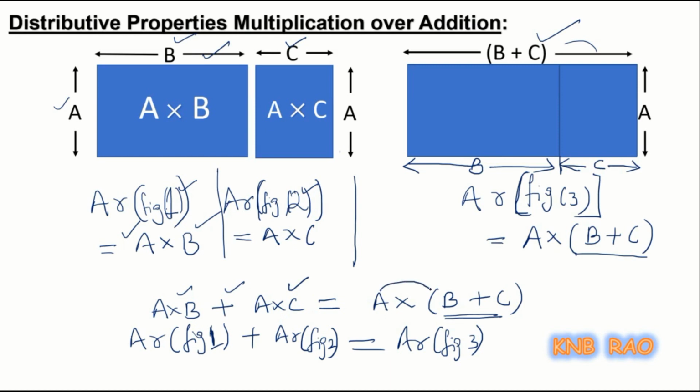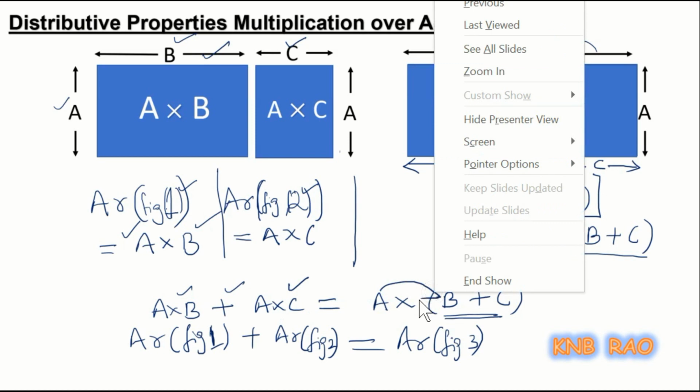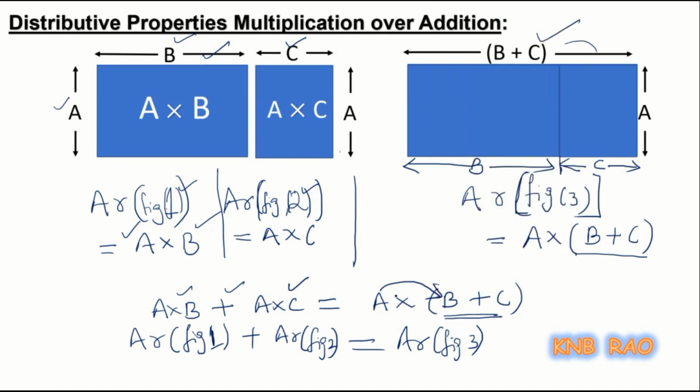Here A is getting distributed to B as well as A is getting distributed to C.